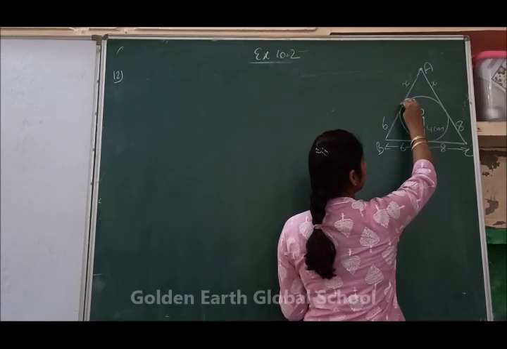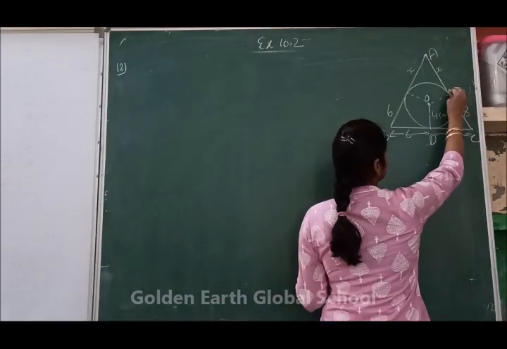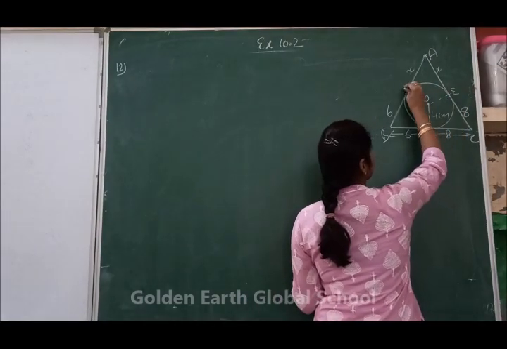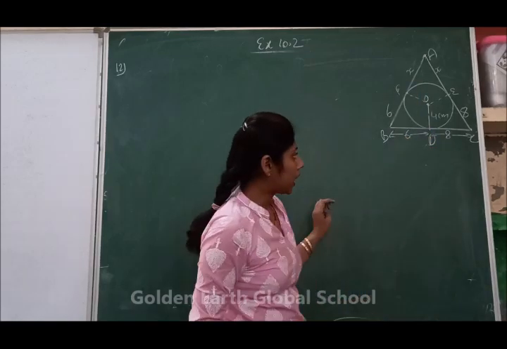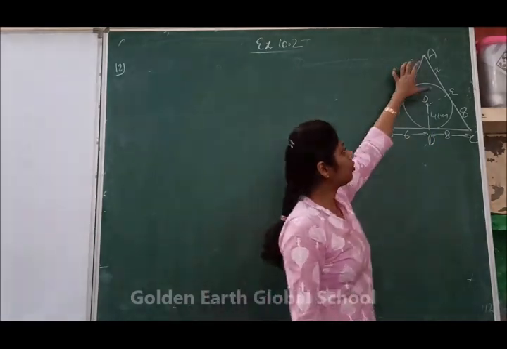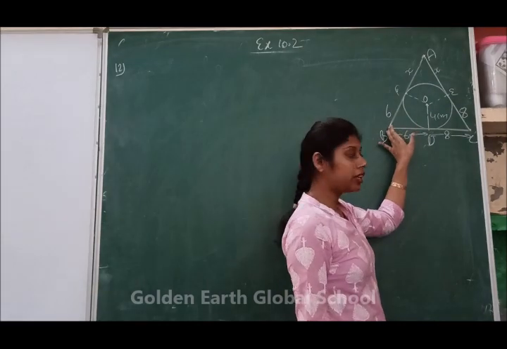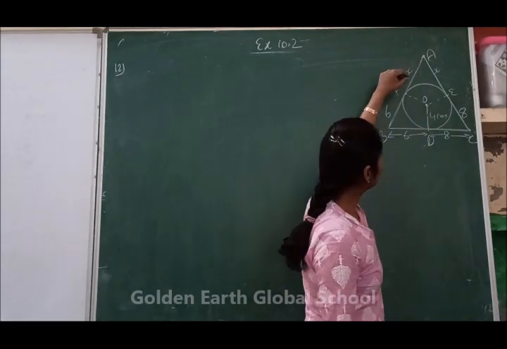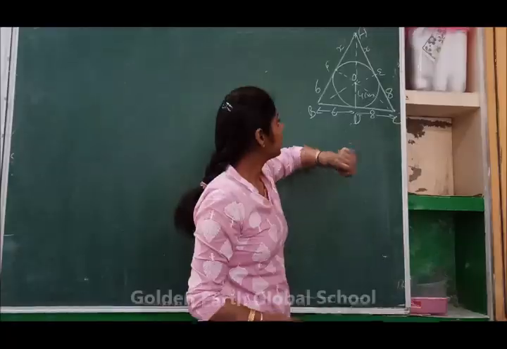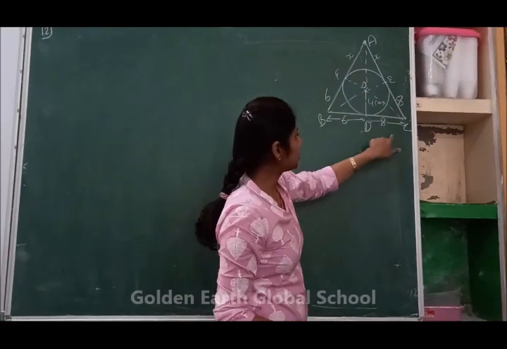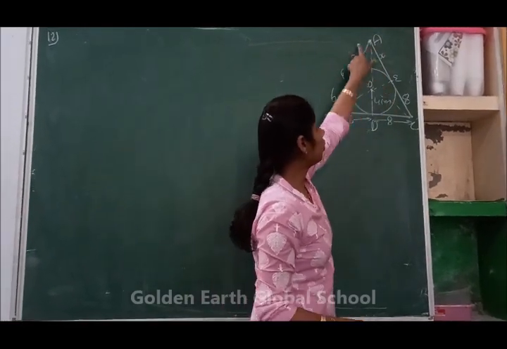Firstly, join these points, OE and OF. Now see, the complete triangle is divided into 3 triangles. The 3 triangles are OBC, OAC and OAB.